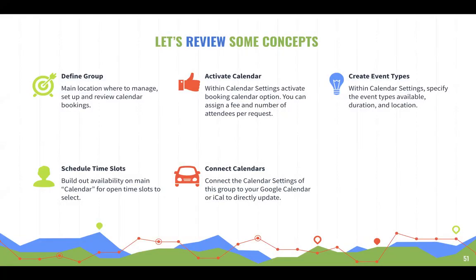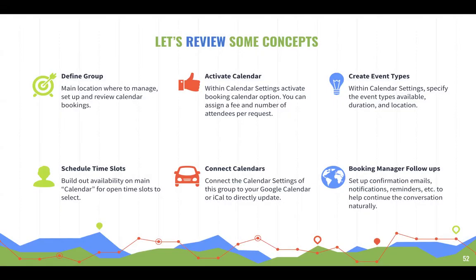And then we connected the calendars through the Google Calendar or iCal to directly update each other with the most up-to-date and relevant information to make sure that your time is being well spent and no one slips through the cracks. And then lastly, we want to make sure that the booking manager has follow-up set up. So we can set up confirmation emails, notifications, or reminders to help continue this conversation naturally.